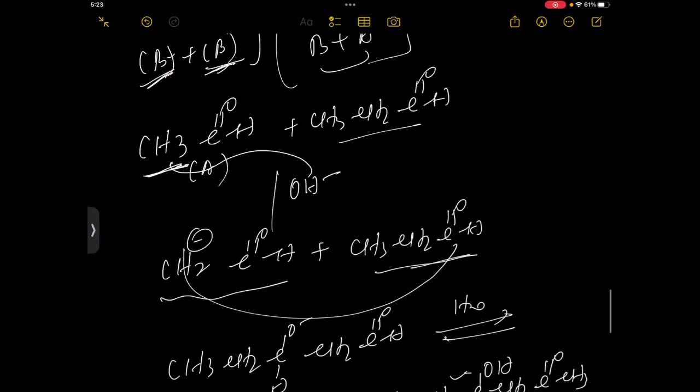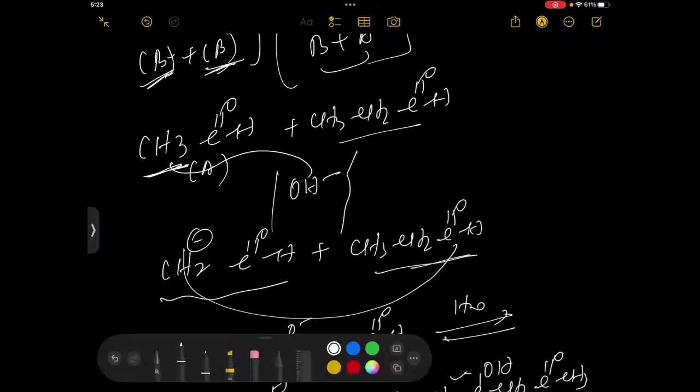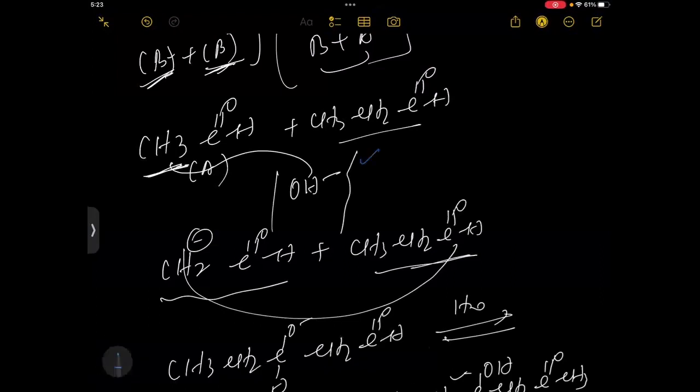What I'm telling you, see here, students, keep in mind one thing: if you have taken the base, then in the base, the lower aldehyde gives the nucleophile.